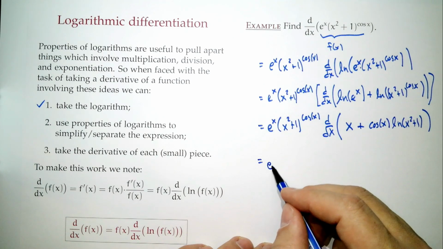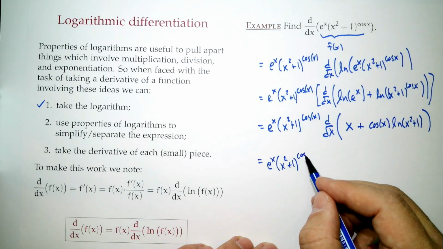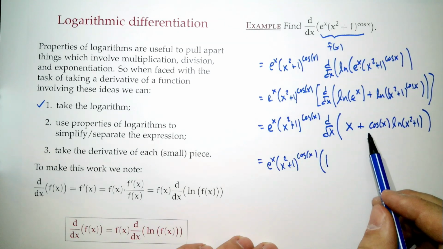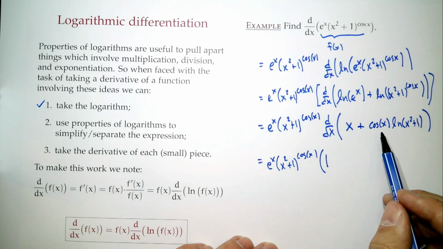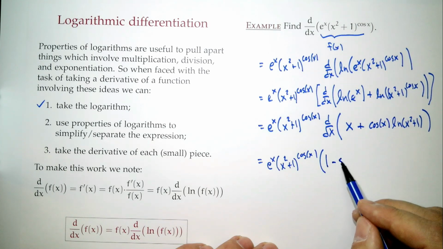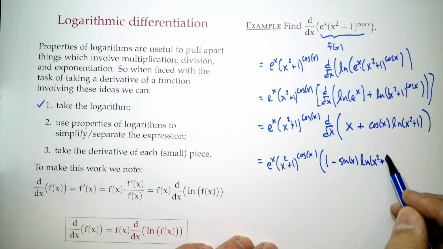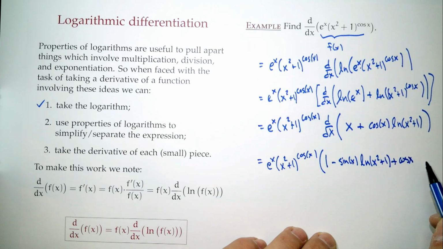So you end up with e to the x times x squared plus 1 to the cosine of x. And now take the derivative of the terms. Derivative of x, 1. Now come to here. Well, product rule. Derivative of cosine of x, negative sine, then natural log of x squared plus 1, then plus cosine of x times the derivative of natural log of x squared plus 1.